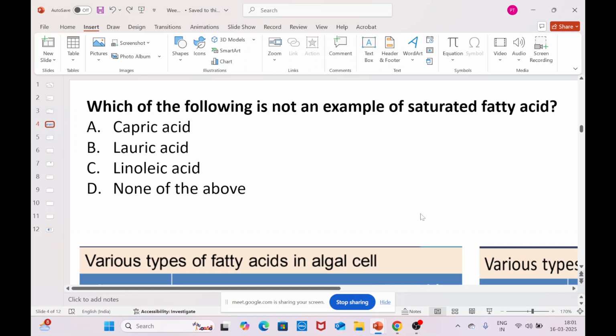Does anybody have any confusions regarding the saturated, unsaturated terms? Double or anything more than a single bond, double, triple. But if it is saturated, then throughout the structure, they will have only single bonded carbon atoms.